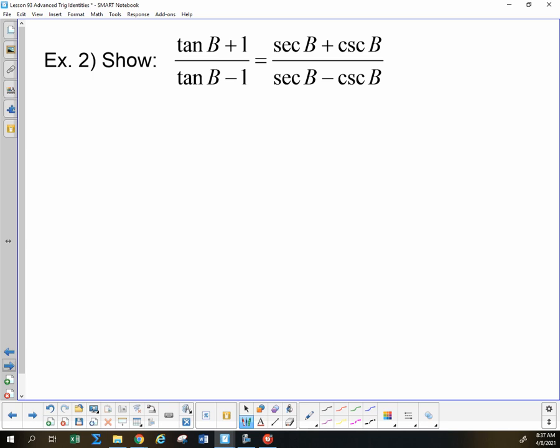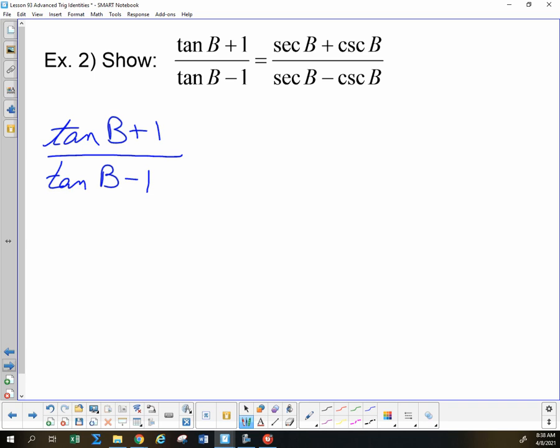All right, so here's another one. Okay, what in the world do I want to do with this thing? So, well, let's copy down 10b plus 1 and 10b minus 1 and see if we can come up with anything that might work with this.